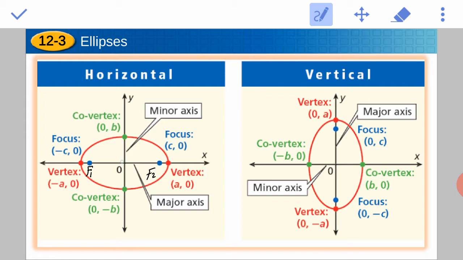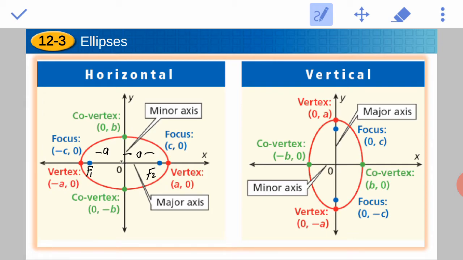If the distance from the center of the ellipse to this vertex is a, the coordinates of this vertex are (a, 0), and on the opposite side the coordinates are (-a, 0). It's negative because of the direction, not because of the value of a, because distance is always positive.